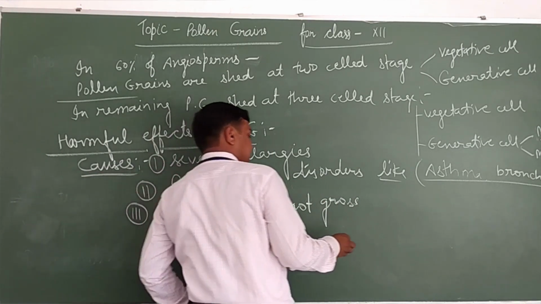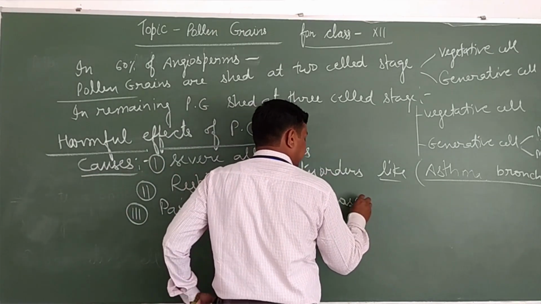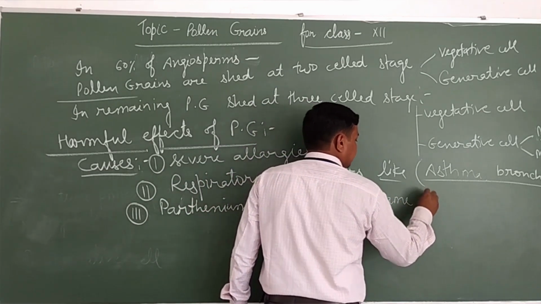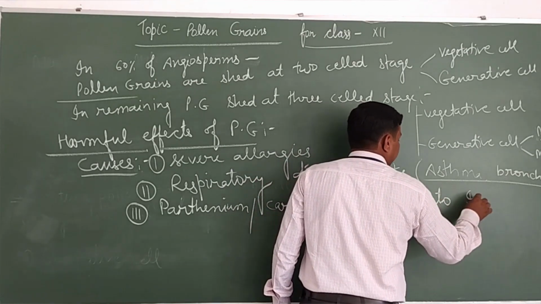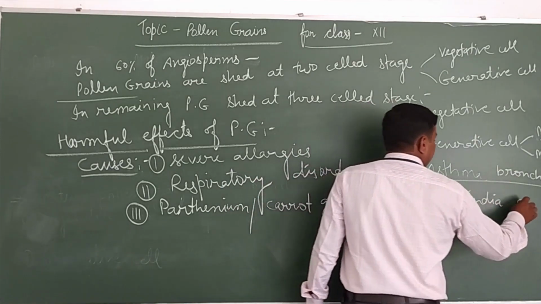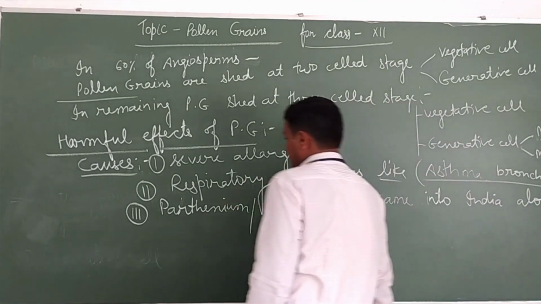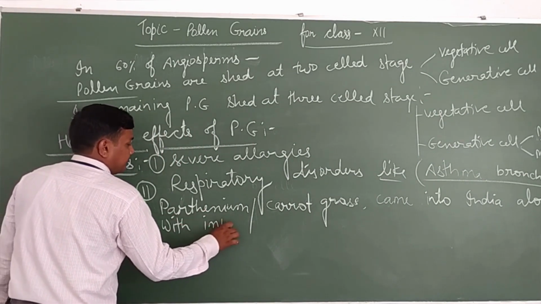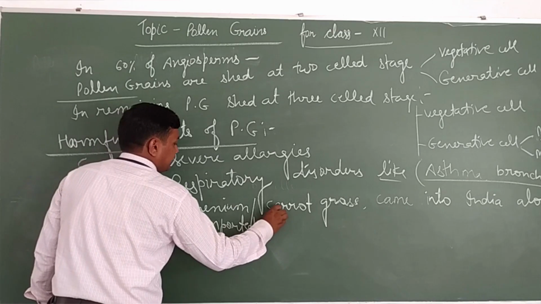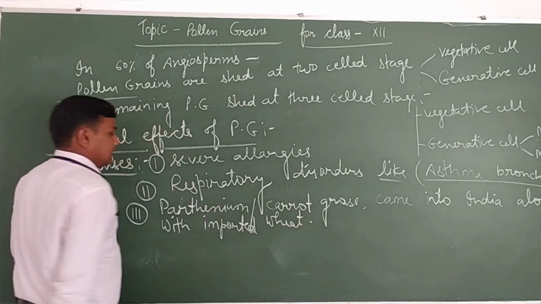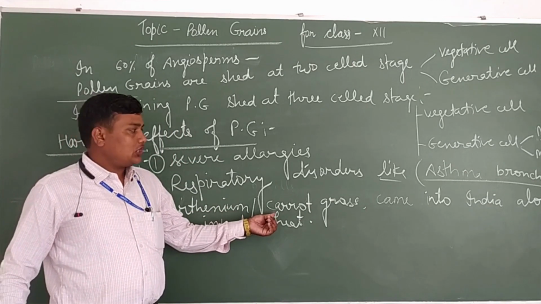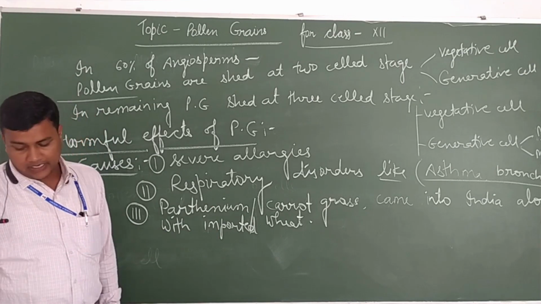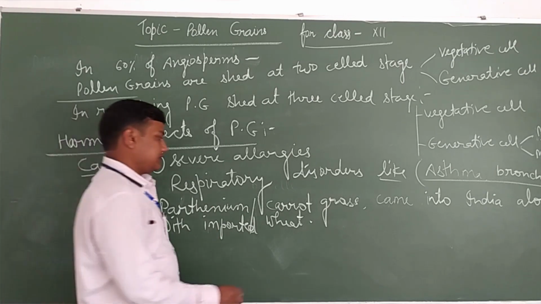It came into India along with imported wheat, and it became ubiquitous.